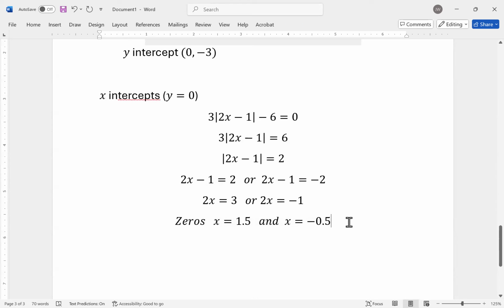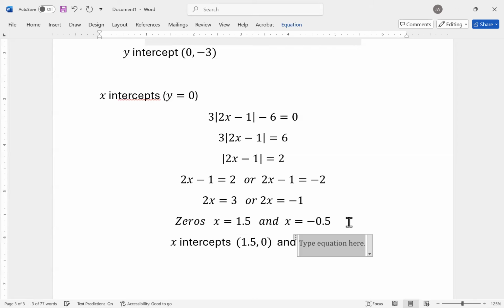And if there was a question that asked you for the x-intercepts specifically, then you would say those happen at points 1.5 comma 0 and at point -0.5 comma 0.